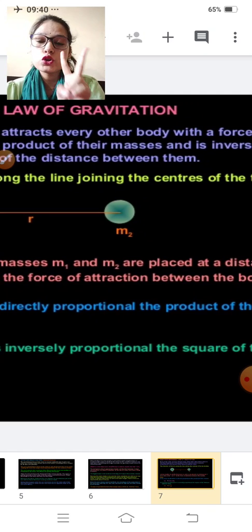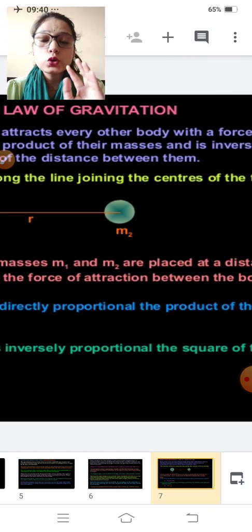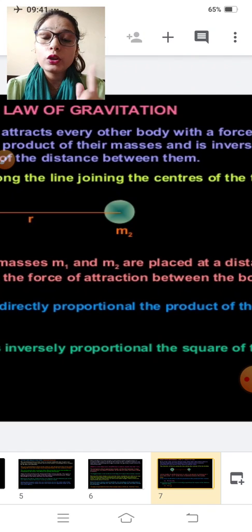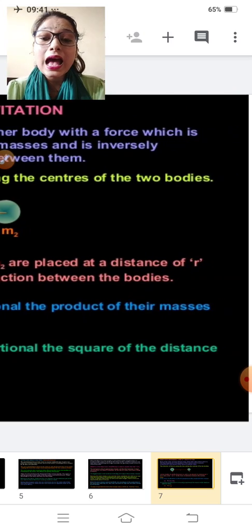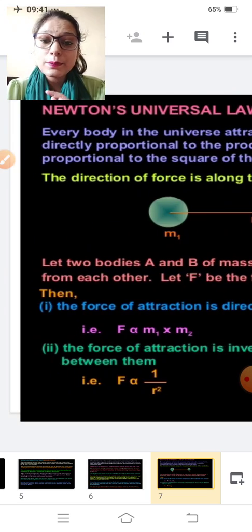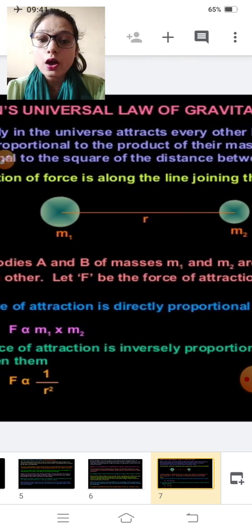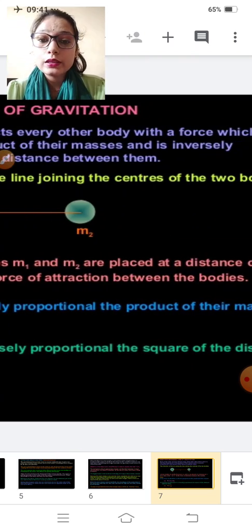If you have two bodies, clear, whatever force you apply is always directly proportional to the product of their masses, and is inversely proportional to the square of the distance between them.